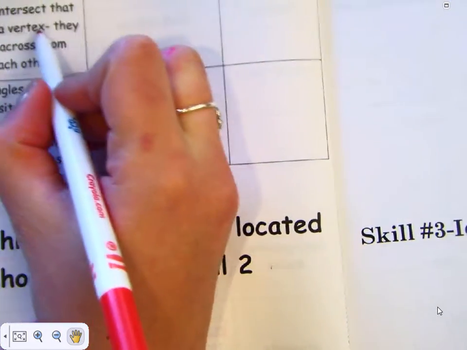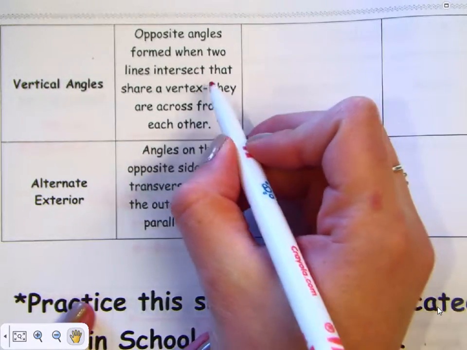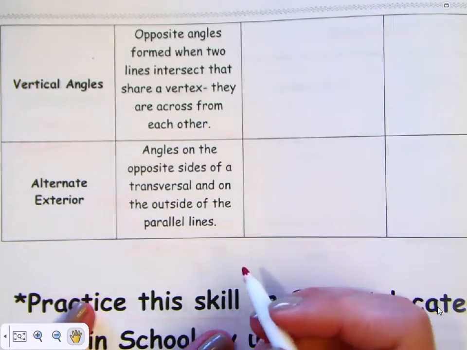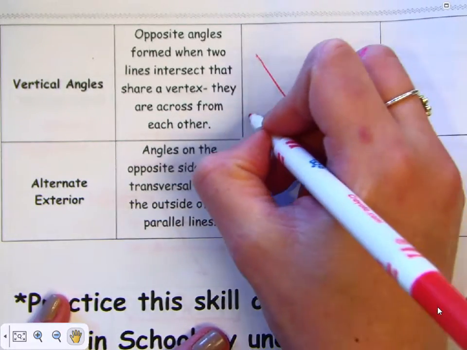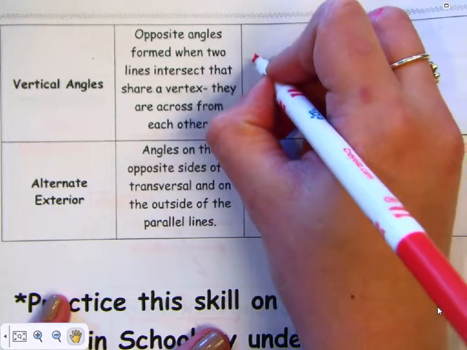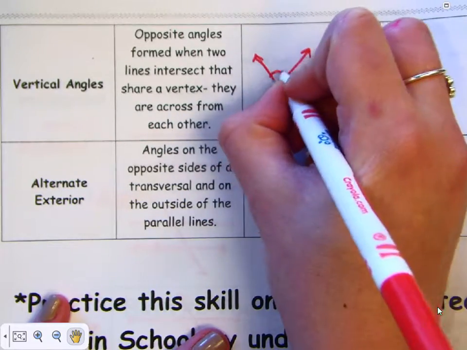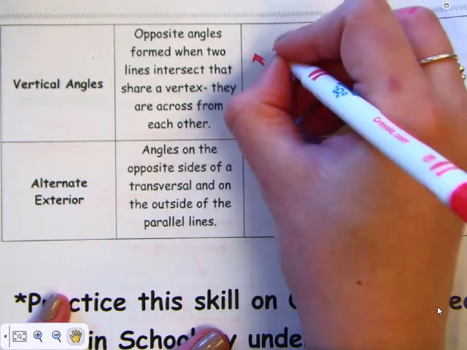If I flip the page here, I'm going to go to vertical angles. Vertical angles are opposite angles formed when 2 lines intersect and share a vertex; they are across from each other. There are 2 pictures I'm going to draw for this one. One of them looks like this. It's just 2 lines that intersect, and the vertical angles are just the ones across from each other. So those are vertical angles.